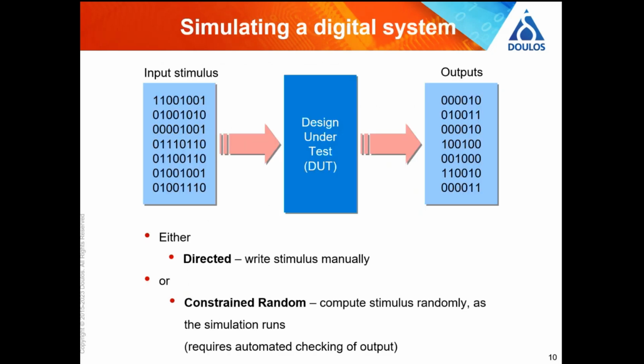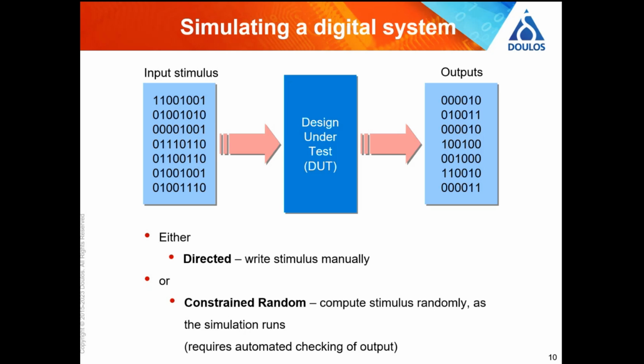So what do you do when you simulate? Well, one main job of simulation is supplying the inputs to your design, the stimulus. The other main job is checking the outputs, and your test code should be doing those things. There are two ways of generating inputs to your design.